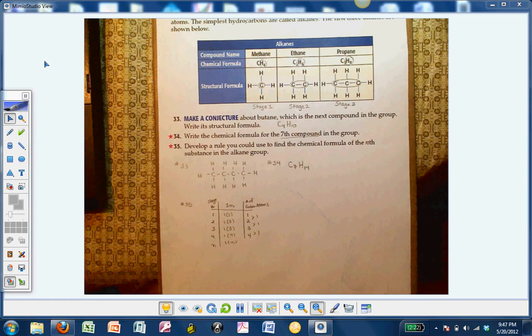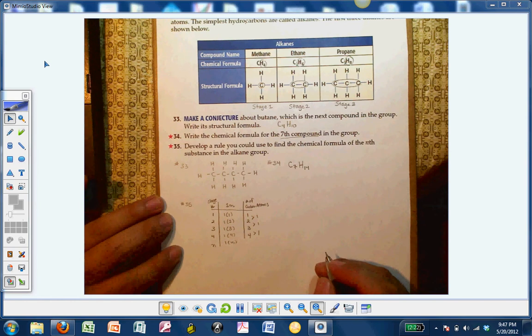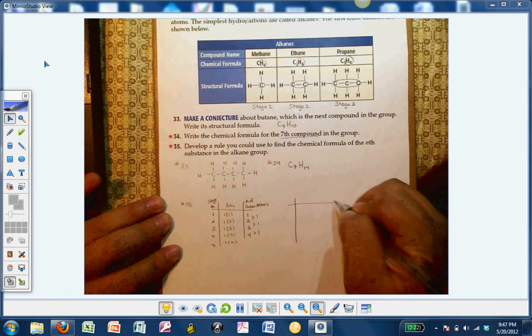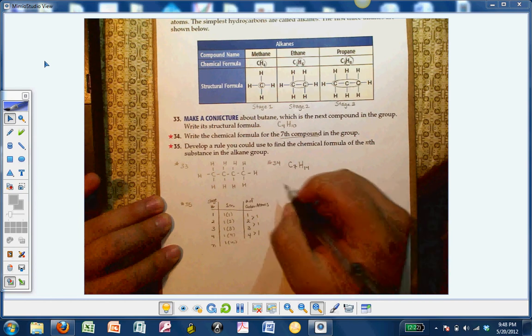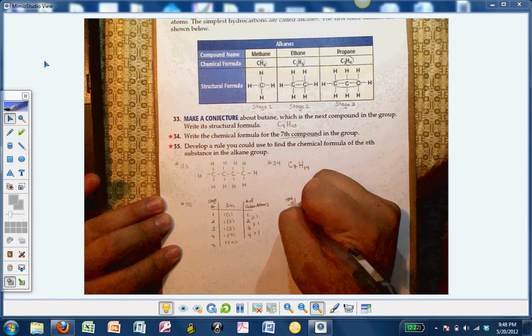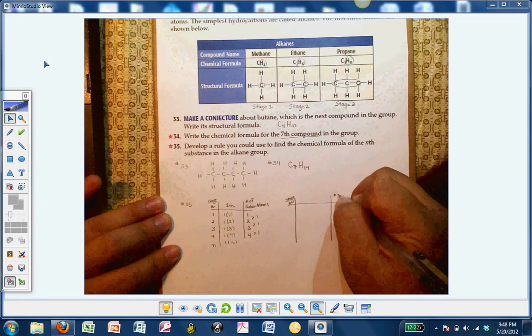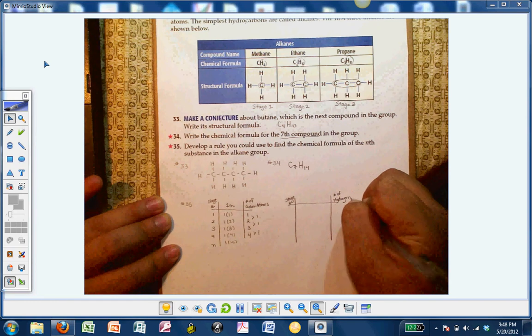Looking at the number of hydrogens in the pattern, let's create a similar table. Same thing, we'll put our stage number. Our independent variable will be the stage number and the dependent the number of hydrogen atoms. Let's collect our data.